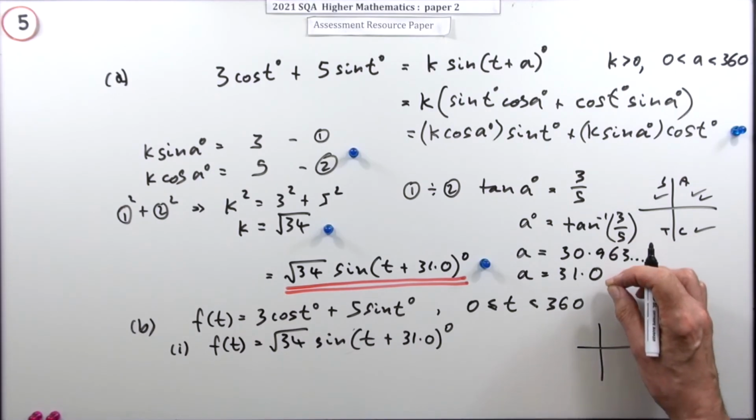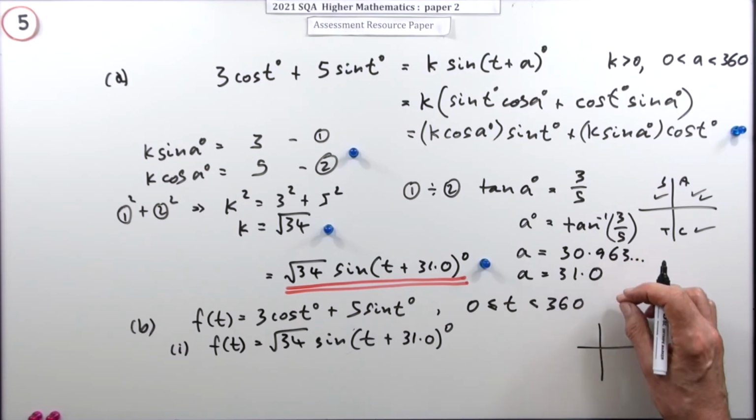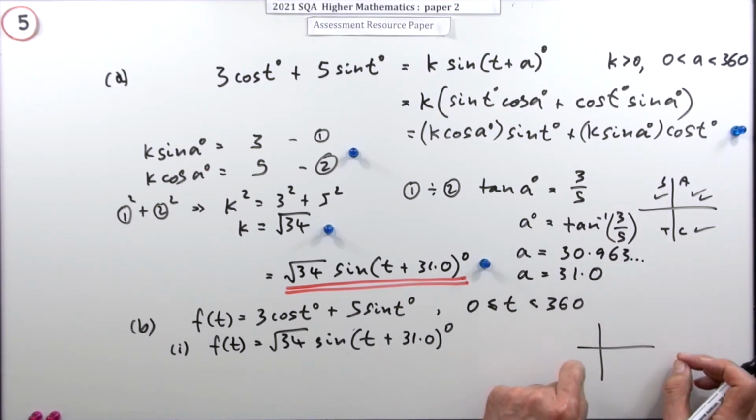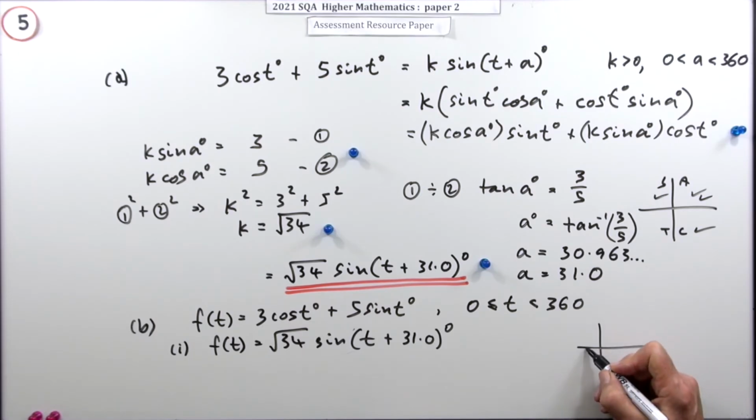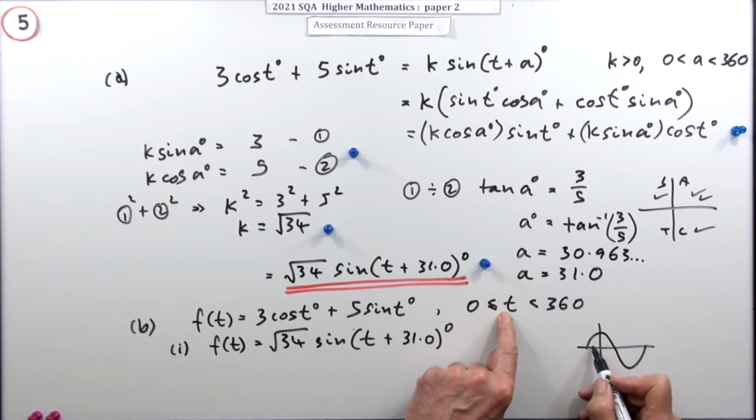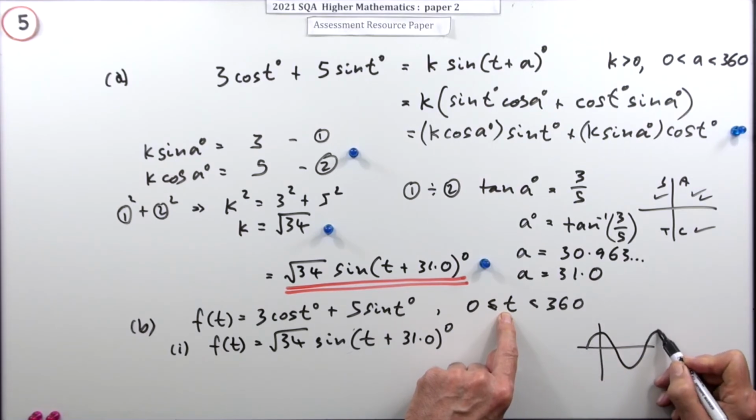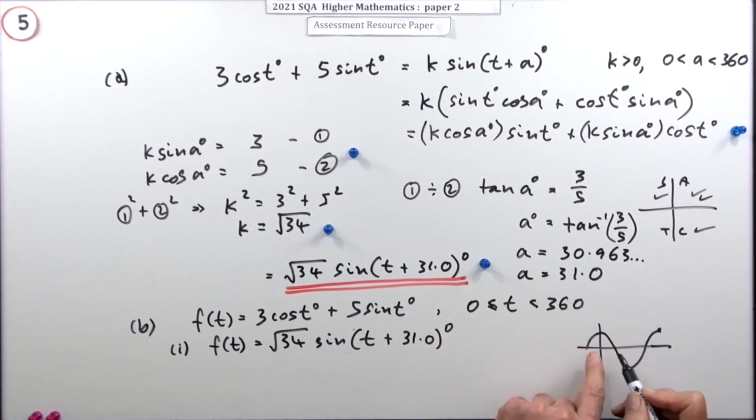So instead of going from 1 to -1, it goes from root 34 to negative root 34. And it's going back 31 degrees. But this says that you don't want this bit. So I'm going to have to finish that off to there, because it wants it to go from there to there. So it looks a wee bit like a cosine, except that's not its maximum. Well, that's the point you're looking for.